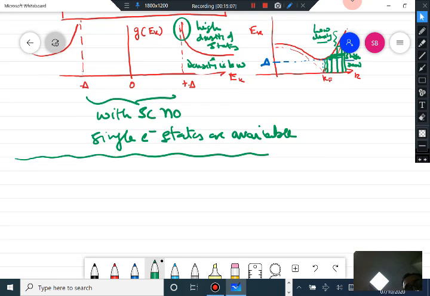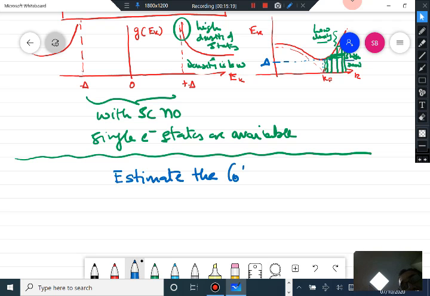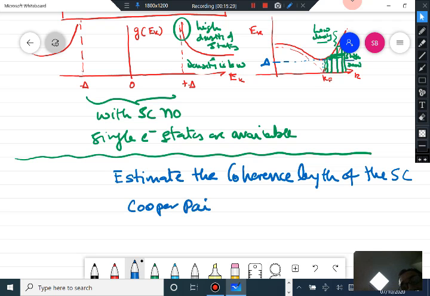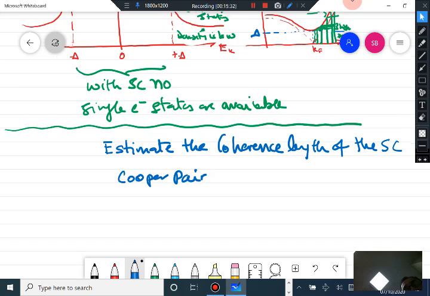So one other quick calculation that one can do is to estimate the coherence length of the superconducting Cooper pair.